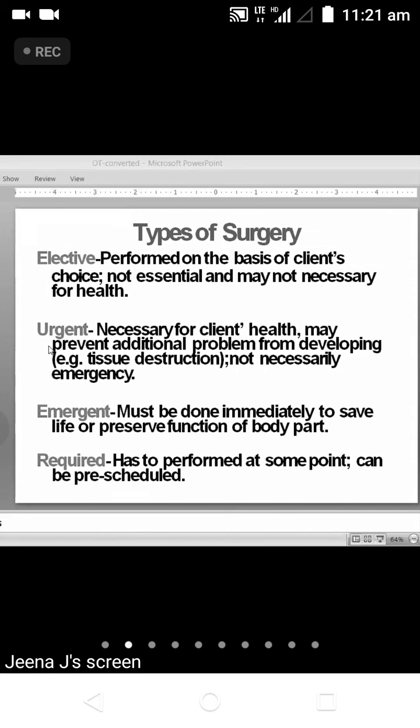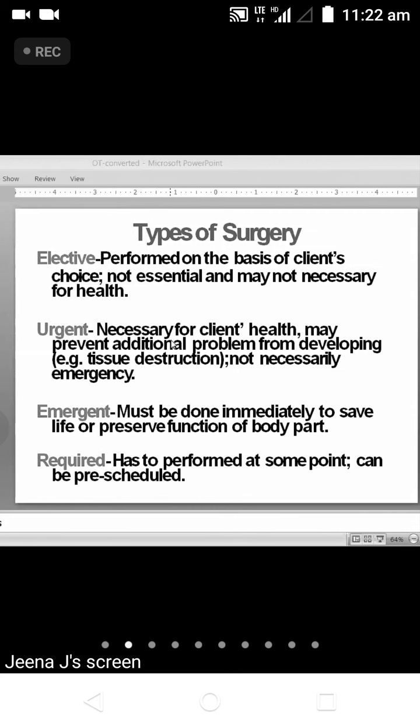Okay, next is urgent. It is necessary for the client's health, may prevent additional problems from developing, not necessarily an emergency. Urgent, in the sense, does not come under the emergency type, but it is necessary for maintaining the client's health, and also to prevent additional problems, you are doing this urgent surgery.